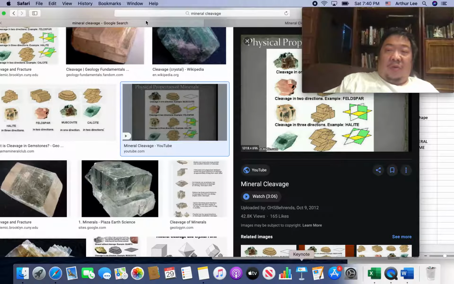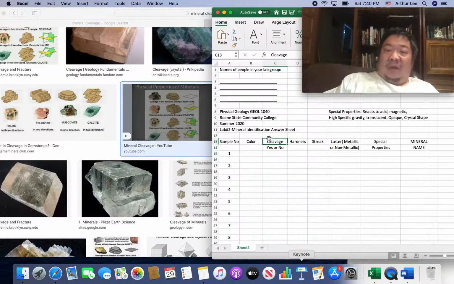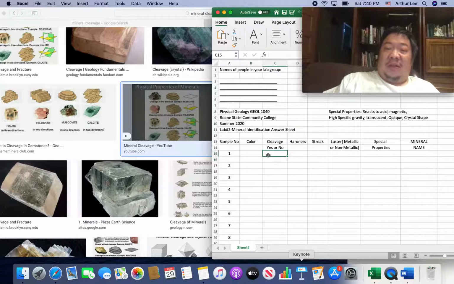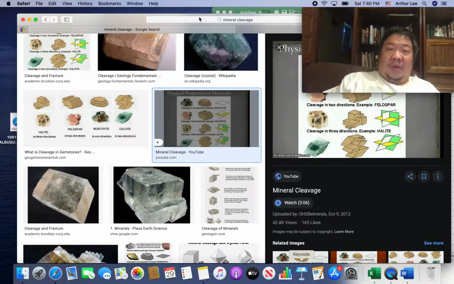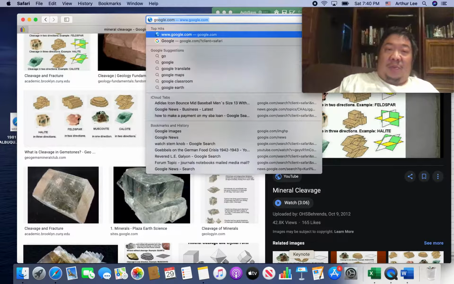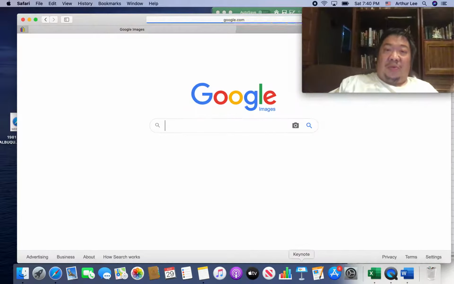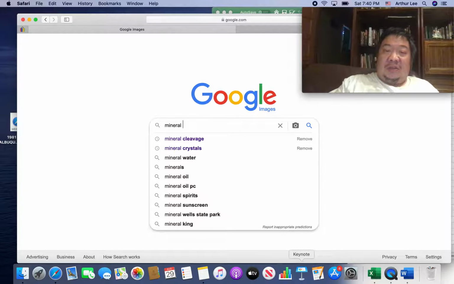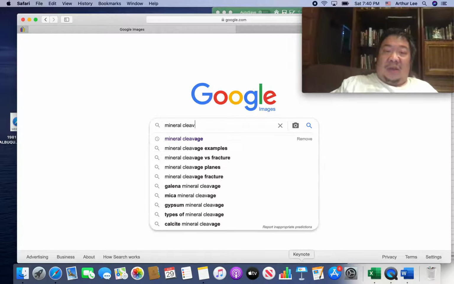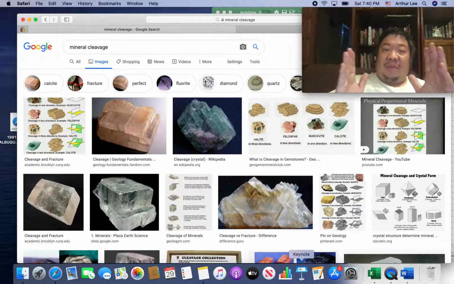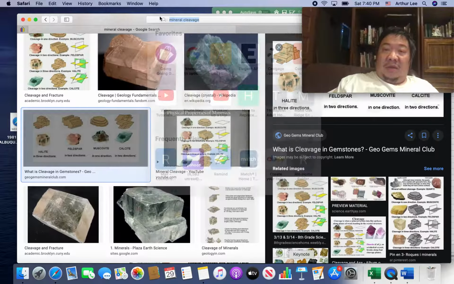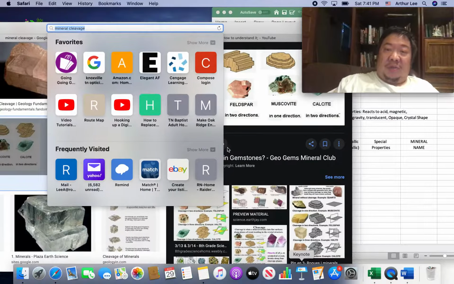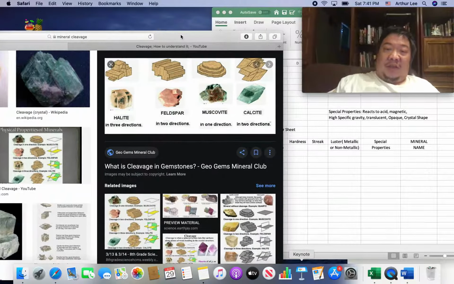So, once again, going back to our chart, first you determine the color of the mineral, then the cleavage, yes or no. So what you need to do is every time you look at one of the mineral samples in the lab video that I'll send you, you want to figure out, does the mineral have cleavage or does it not have cleavage? And if it has cleavage, it's going to break off in flat planes. And I think he did a reasonable job in describing that if it breaks off in sheets, it has 1 direction of cleavage.